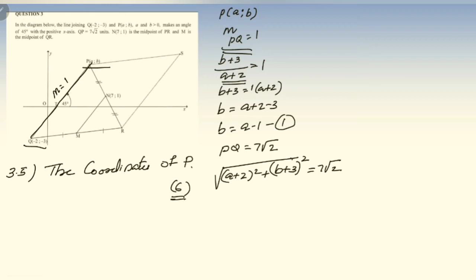Now simplify. Square both sides to eliminate the square root. So without the square root, it's going to be A plus 2 whole square plus B plus 3 whole square is equal to, when you square this side, 7 becomes 49 times the square of root 2, which is 2.